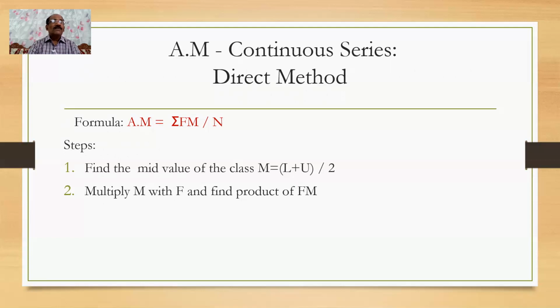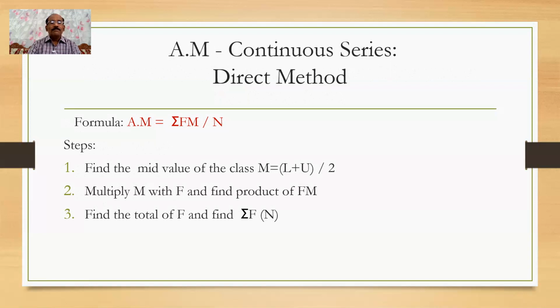That means f into m is the product fm. The m value is not given in the first step, you have to find the m value. In the next step, you have to multiply the m value with respect to frequency. That shows fm.